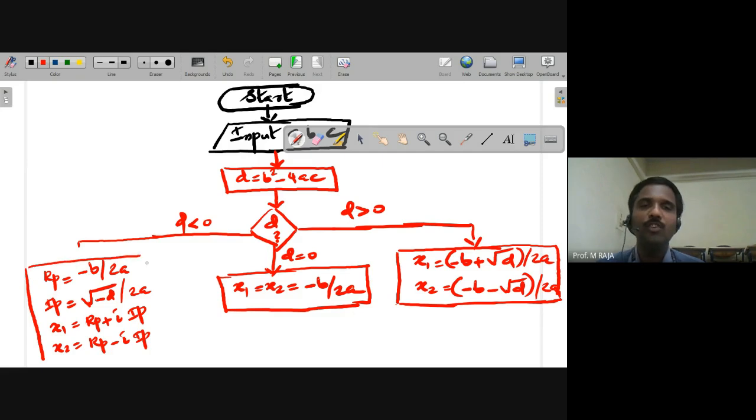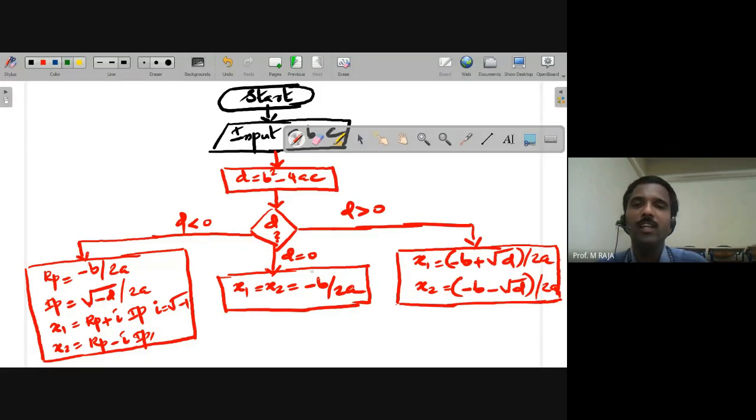Try to put these executable statements in a rectangle. Here i is square root of minus 1. This is the flow when D is less than 0.